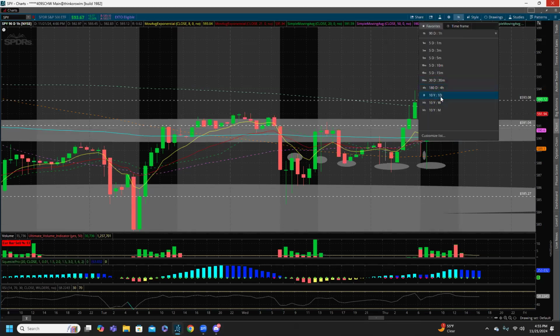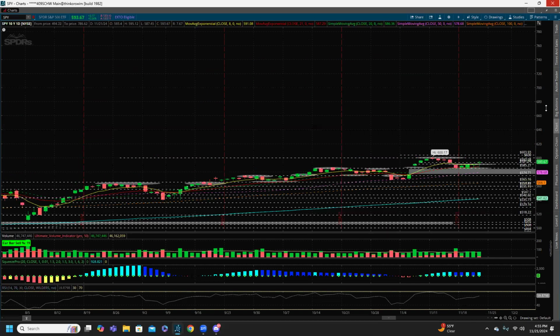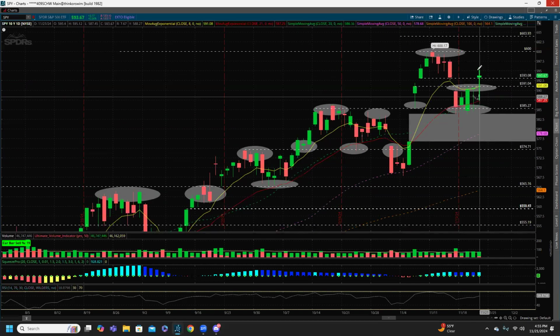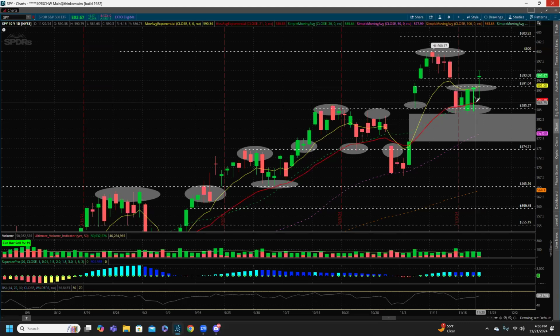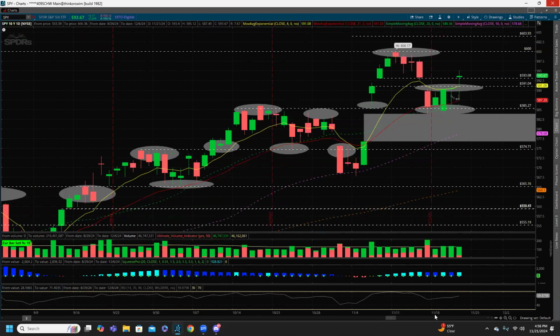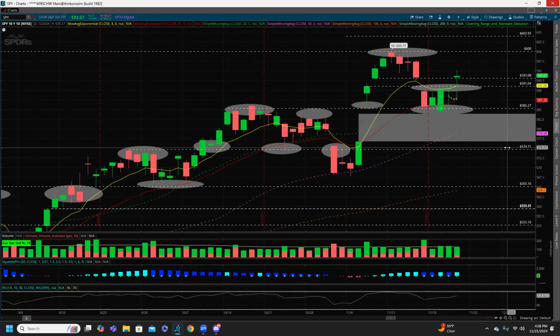So now that we see that, who's in control on this chart right now? We're kind of in this weird spot, but who's in control here at 593.67? Yep, buyers are in control. Absolutely.